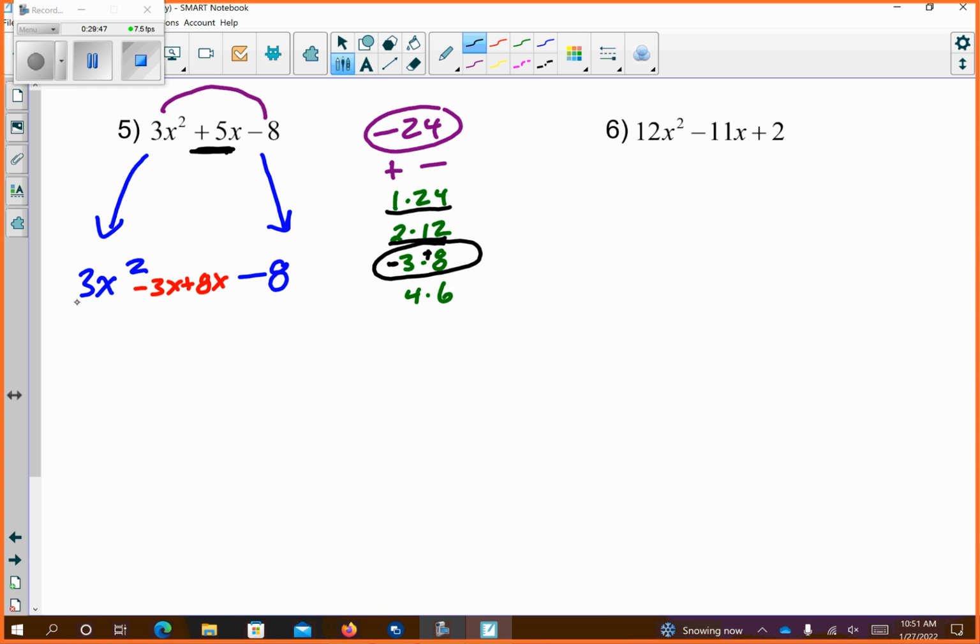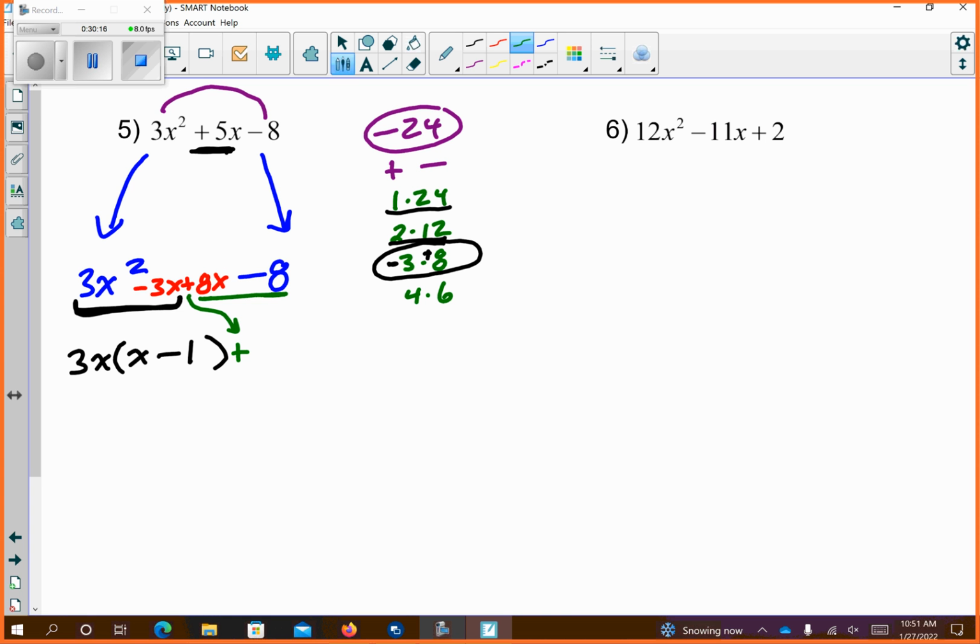All right. What do I have in common between these first two terms? 3. Anything else? X. Very good. If I factor a 3x out of 3x squared, what do I have left? X. Minus, if I factor a 3x out of 3x, what is the placeholder I have to have? Good. Bring this sign straight down.